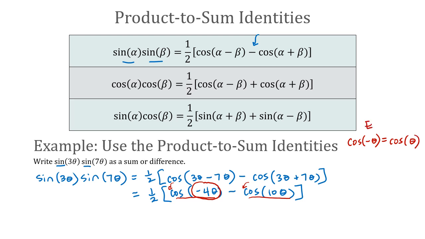So I can rewrite this on one last line: the cosine of negative 4 theta is the same as the cosine of positive 4 theta. And the rest is already as simplified as possible. So that's it.